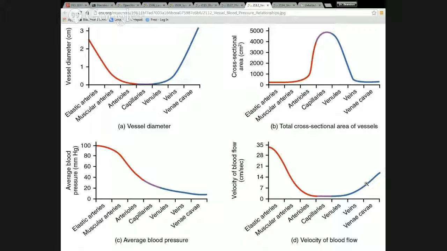Okay. And so as we play with vessel diameter, we can regulate where blood flows. These pictures are looking at the entire systemic circuit of circulation. But if we want blood to go to our digestive organs preferentially, then we can change the diameter of some of those vessels and go there. If we want the blood to go preferentially to our skeletal muscle, we'll change the diameter of other vessels.